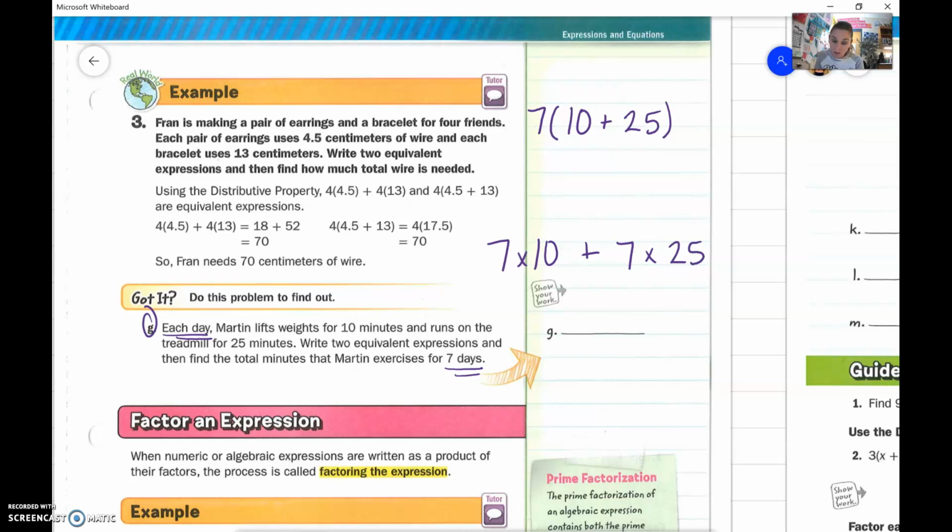So now we're going to solve. We're going to solve both. Okay, so we're going to distribute. 7 times 10 is 70. And then we're going to take 7 times 25, which is, let's see, 8, 2, so that's going to be 175.